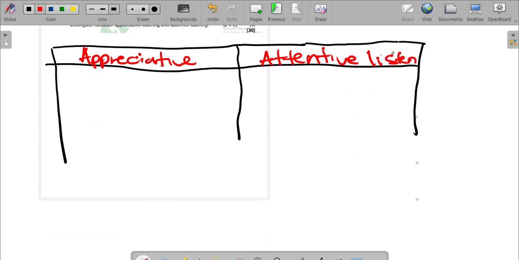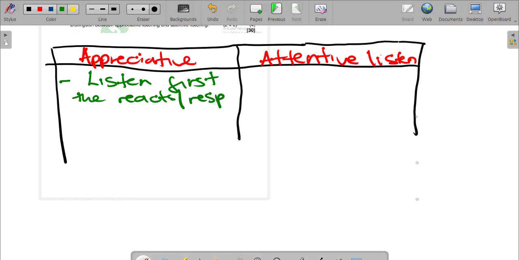right? So you can distinguish these two by definition. Here, appreciative, that's where you listen first and then you react or respond to the sender's message, to the speaker's message.